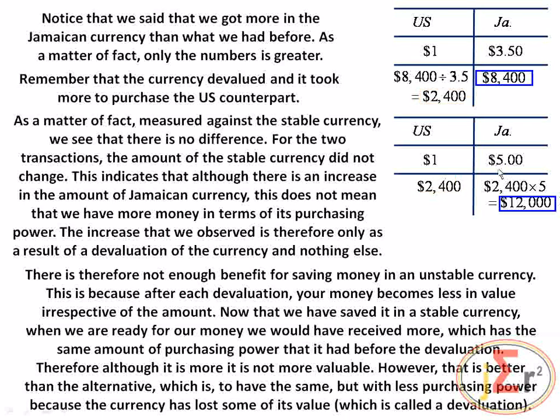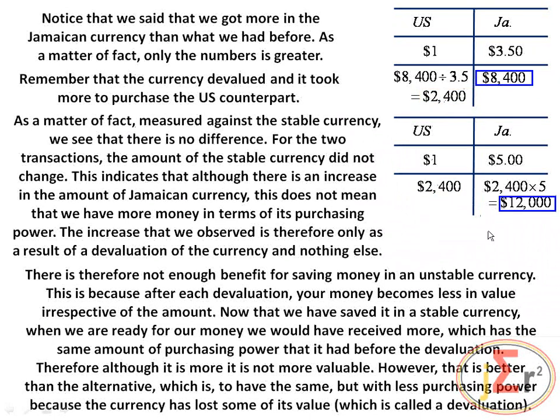Therefore, the money would have lost its value in our hand. But if we put it in the stable currency, although we end up with a larger amount of money, it does not necessarily mean that it is more powerful in terms of its purchasing power, but it is capable of purchasing the same amount of US that we had, or the same amount of the stable currency that we had before.